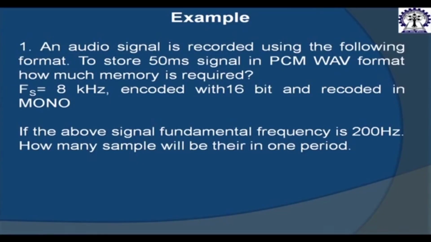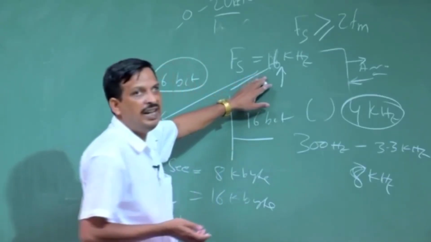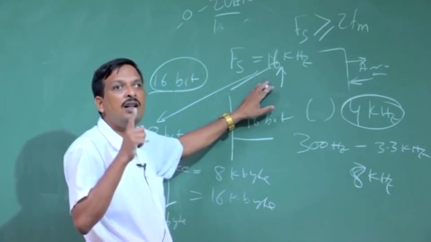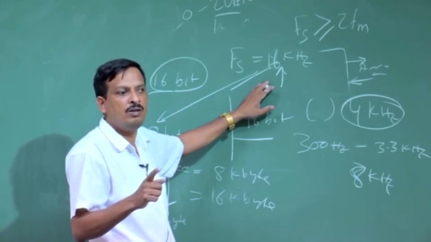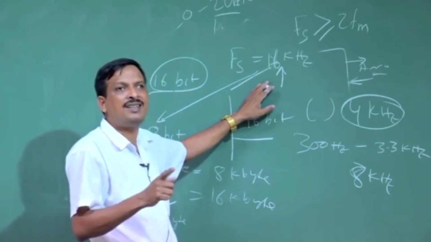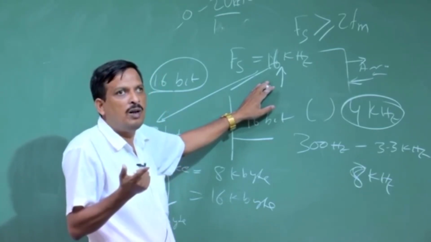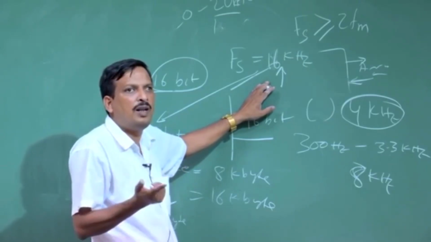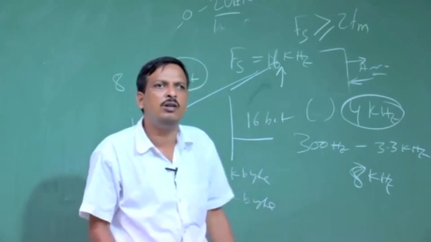Sampling frequency is 8 kilohertz, encoded with 16 bit, and recorded in mono channel. If it is 8 kilohertz, in 1 second it will generate 8k samples. So, in 50 milliseconds I have to find how many samples will be generated, and for each sample, how much memory is required, I can calculate.